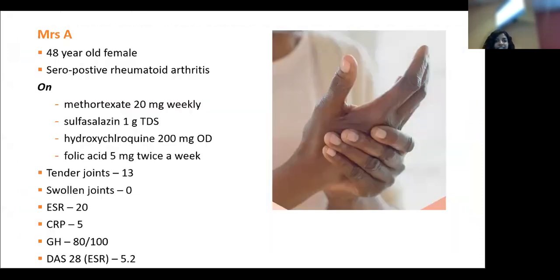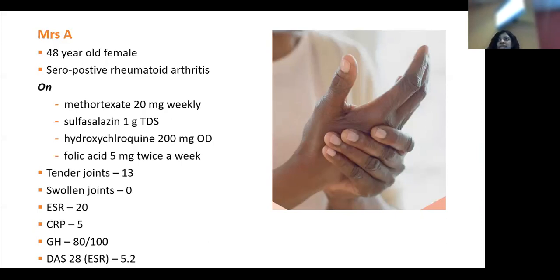So let us take a very common scenario we come across in our clinics. It's a middle-aged female with seropositive rheumatoid arthritis, already diagnosed, on treatment, been on it for a few years, on methotrexate, sulfasalazine, and hydroxychloroquine, maximum doses with folic acid.